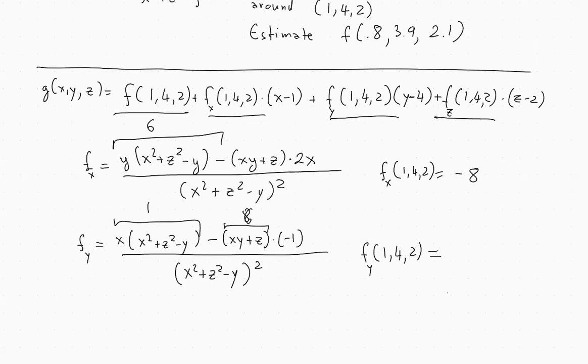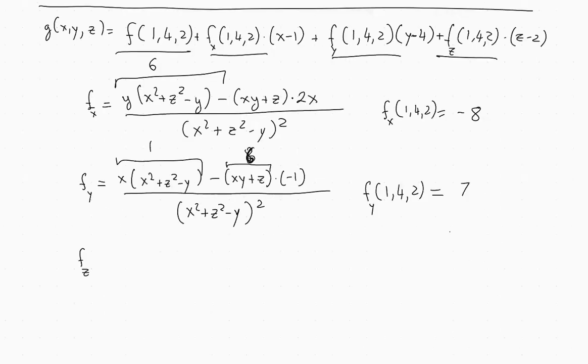And let's finish with f sub z. So we will have what now? We will have 1 times x squared plus z squared minus y, minus xy plus z times the derivative of the denominator, which is 2z, over x squared plus z squared minus y, squared.